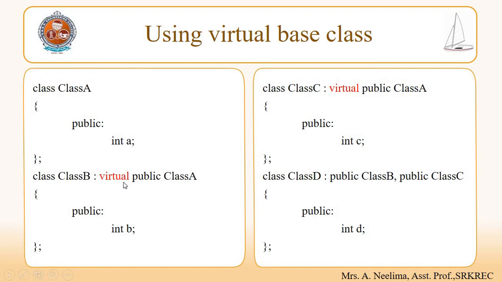It is a keyword, public class A, which creates only one copy of A. Next class C, here also virtual public class A. And class D is a derived class which inherits the properties of class B as well as class C.